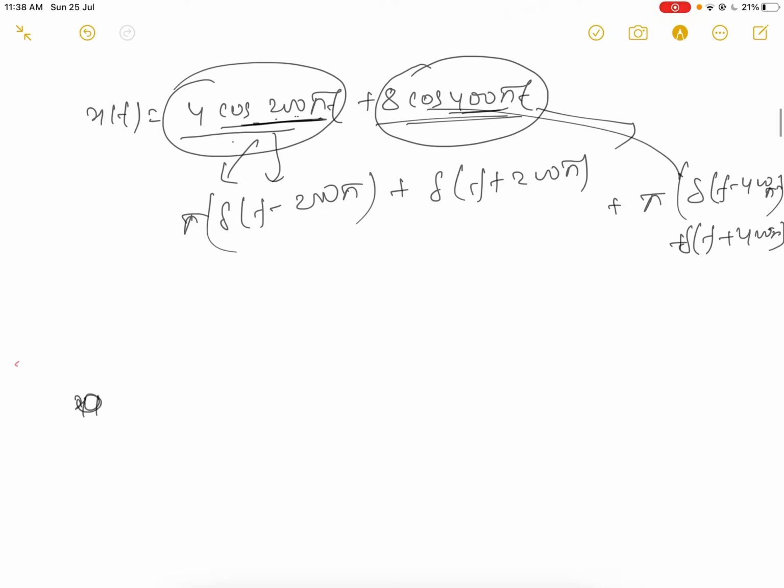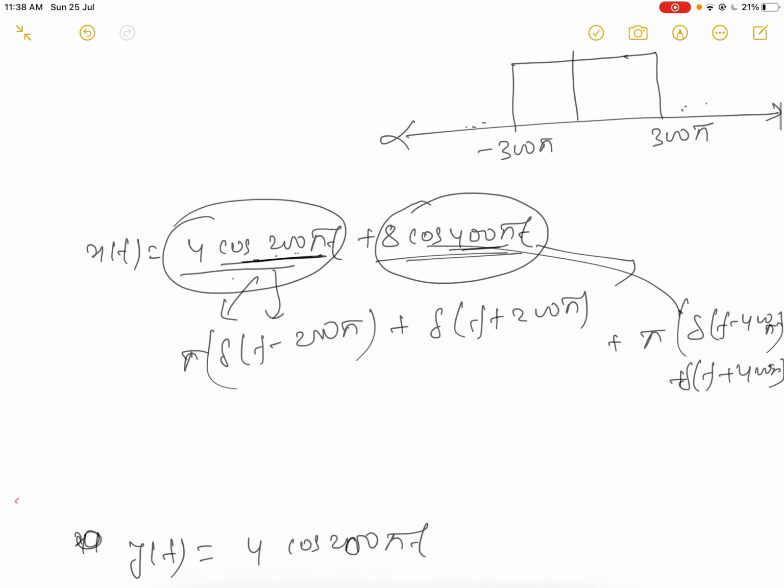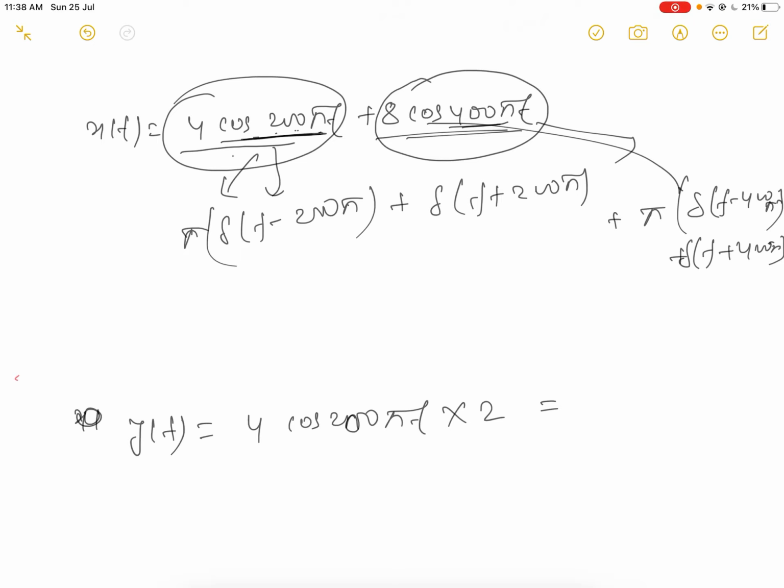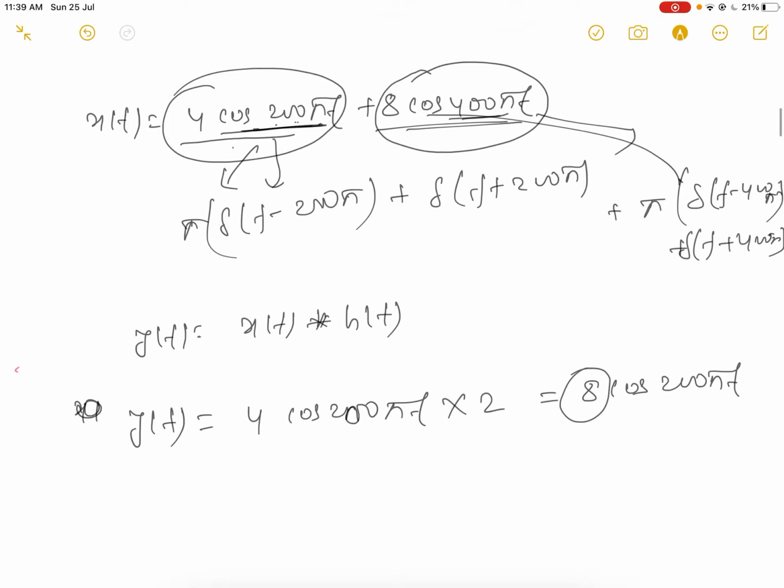So y(t) will be 4 cos 200πt multiplied by 2 only, because we know that y(t) is x(t) convolved with h(t), which in the Fourier transform domain is multiplication. So y(t) = 8 cos 200πt, and the maximum value will be 8.